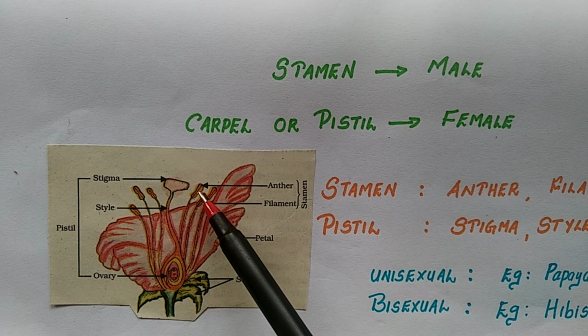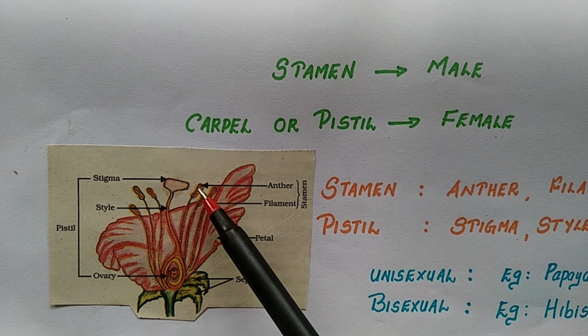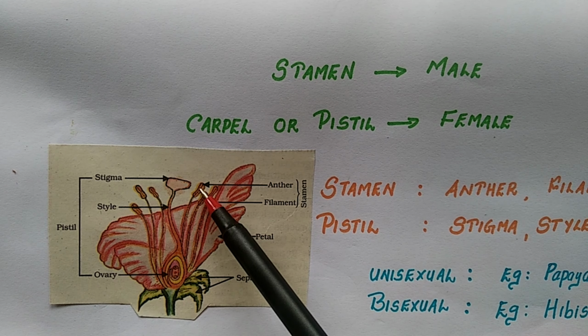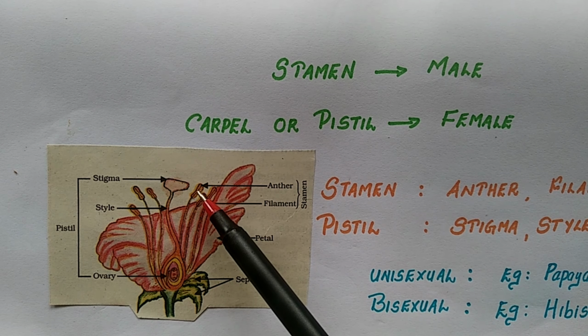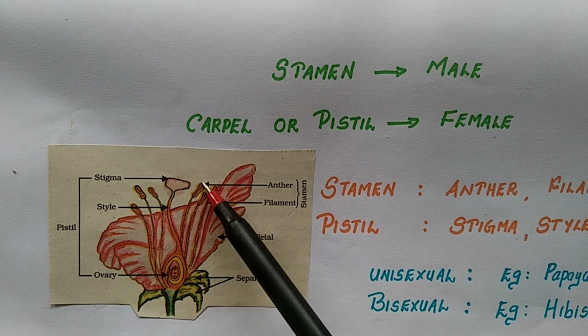So what happens here is that the pollen grains stuck onto the anther are transferred by external agencies, maybe wind, insects, birds or any other medium, from the anther to the stigma.